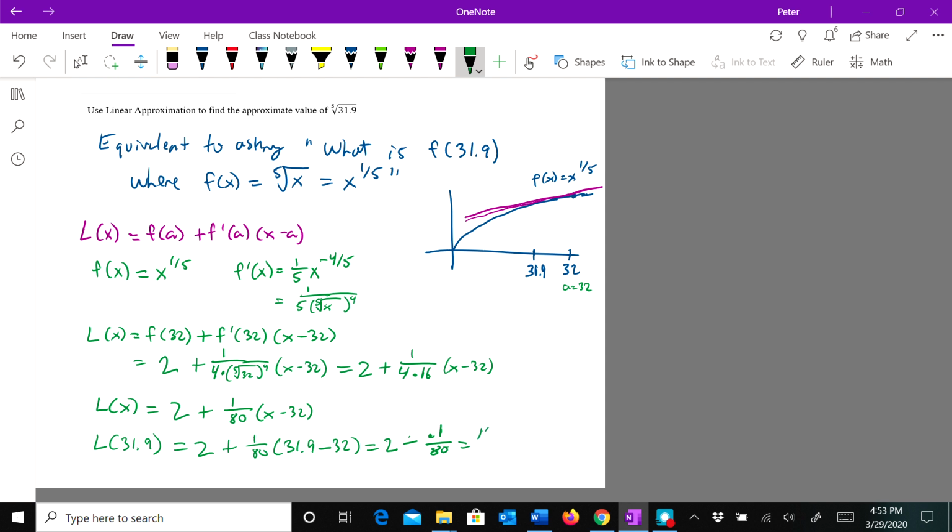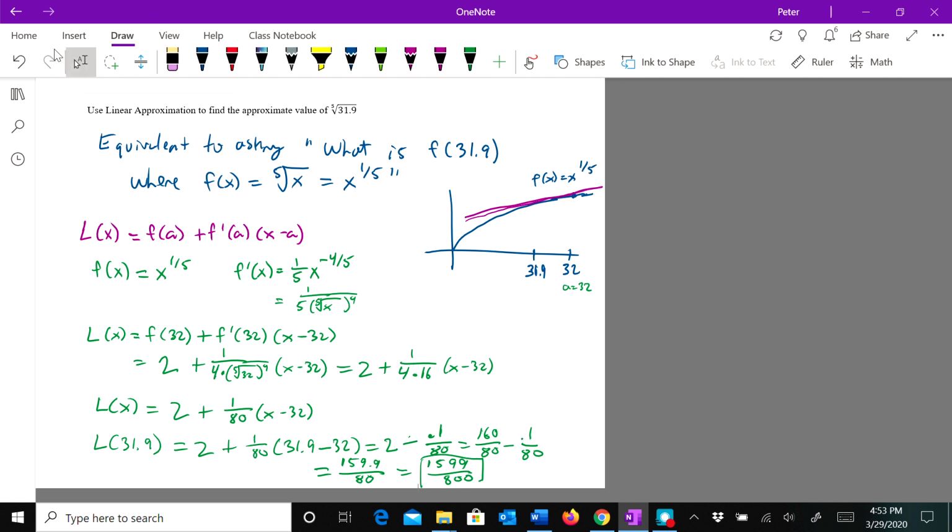That equals 160/80 minus 0.1/80. That equals 159.9/80, which is 1599/800. And that's the answer. Sorry, I ran out of space there.